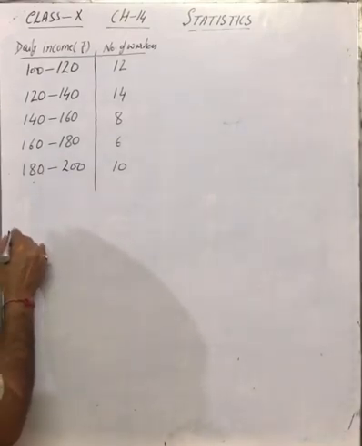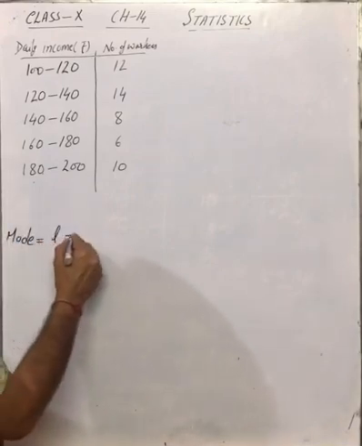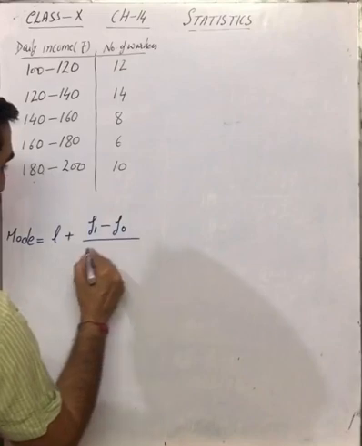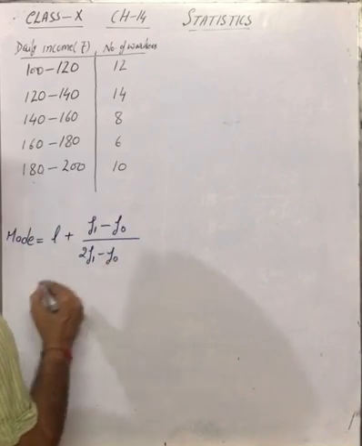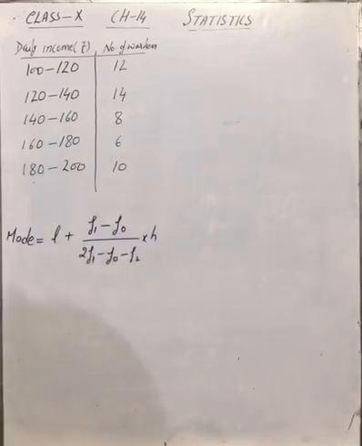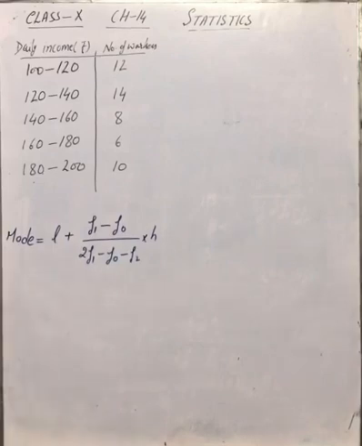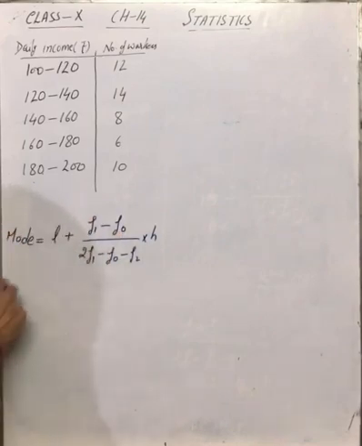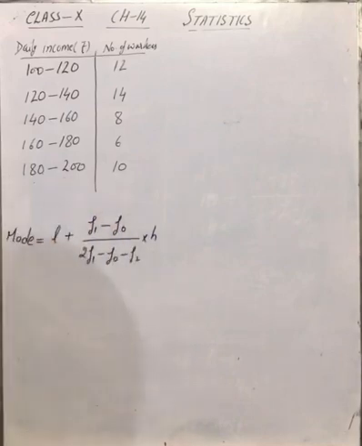So the formula for mode is L plus F1 minus F0 over 2 into F1 minus F0 minus F2 multiplied by H. So I'll be discussing what these terms actually are, but you need to remember this formula. Mode is L plus F1 minus F0 over 2F1 minus F0 minus F2 multiplied by H.